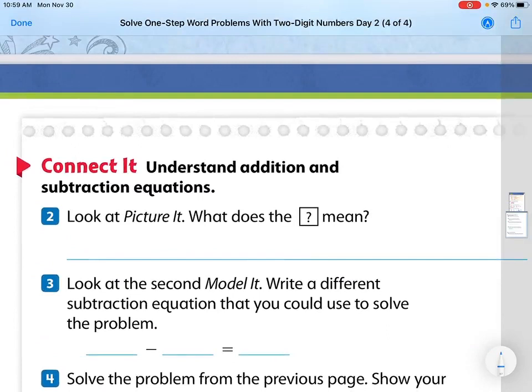Well, we know that that is our unknown number. That's our unknown amount that he scored in level 1, right? So that's what we're going to write.